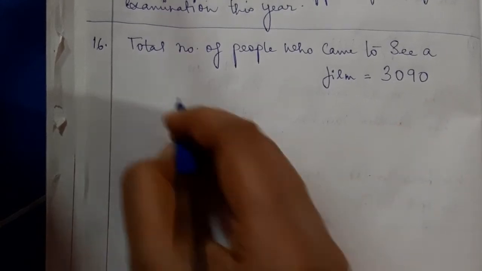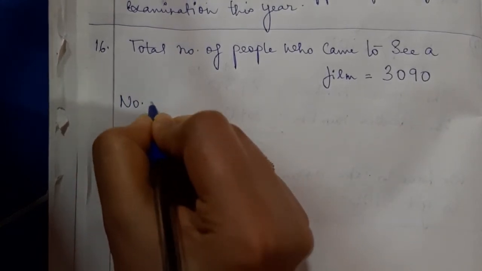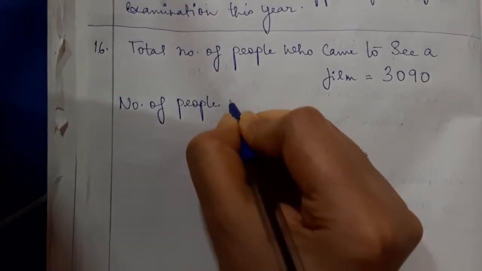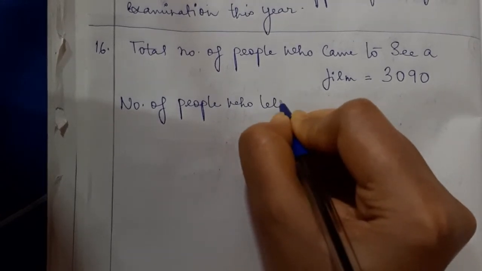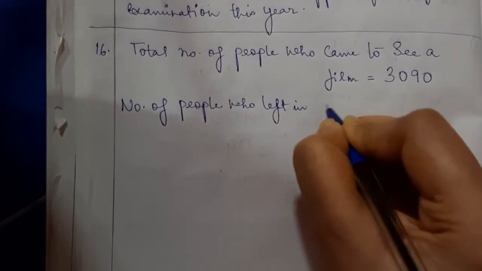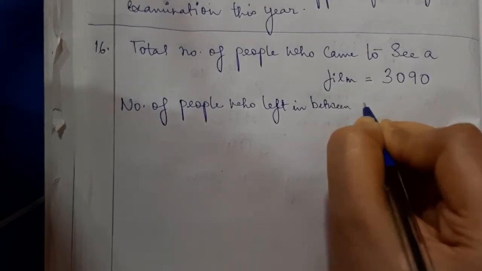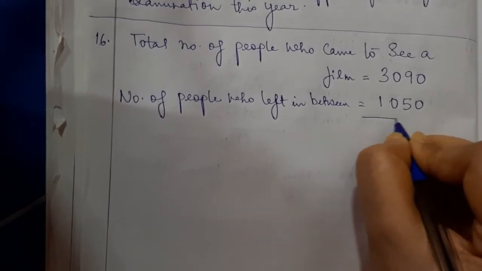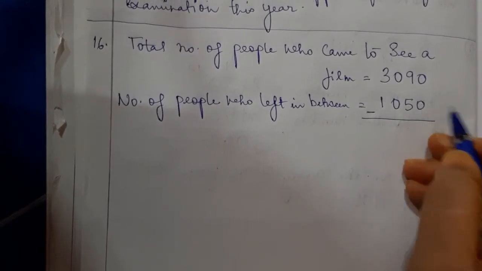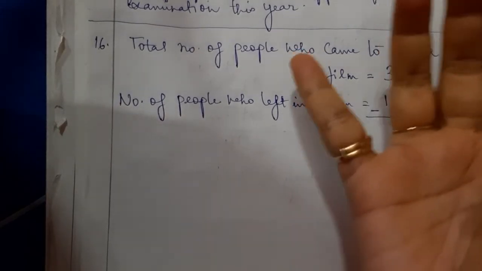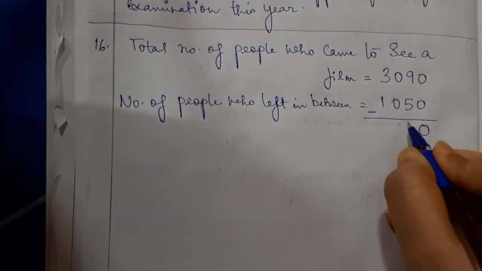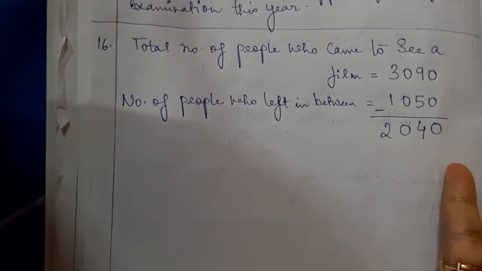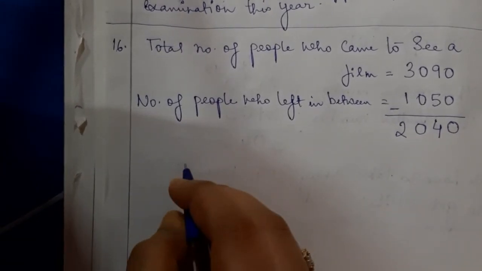Okay, number of people who left in between is equal to 1050. Okay, so we are going to subtract. Now 0 minus 0 is 0, 9 minus 5, 6, 7, 8, 9, 4, 0, 0, 0, 3 minus 1, 2. See, so easy.